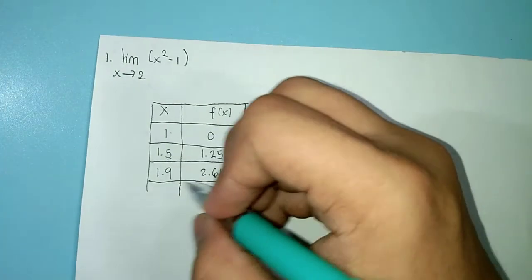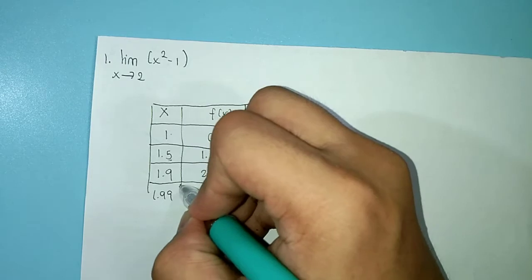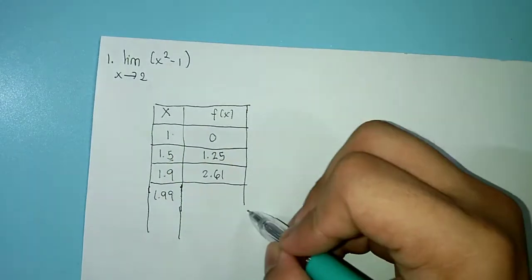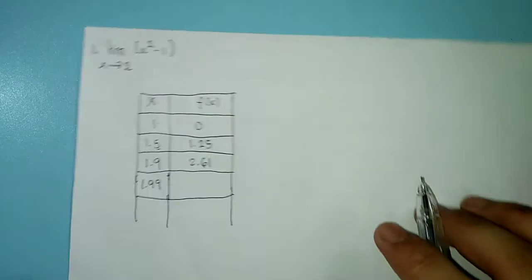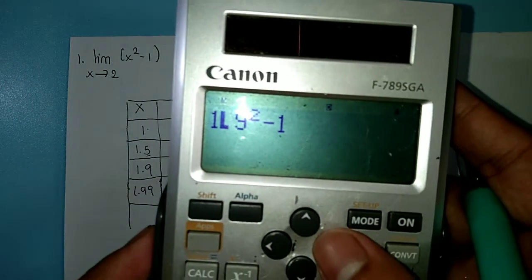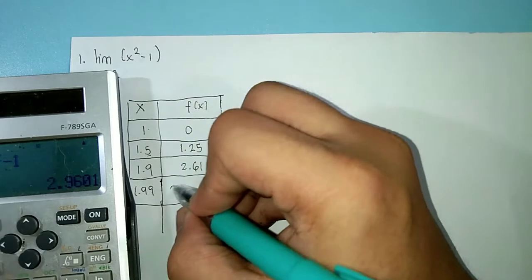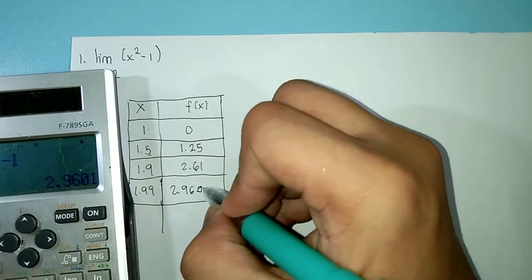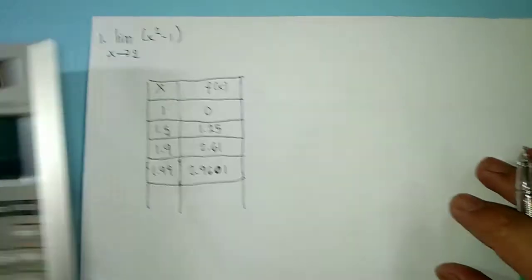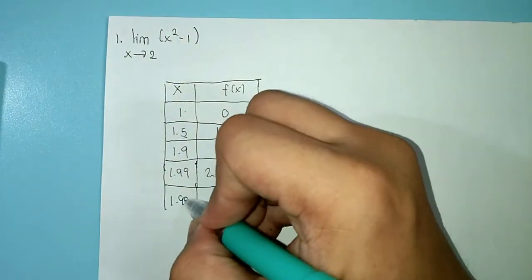Then approach further with 1.99. The value of f of x for 1.99 will be 2.9601.